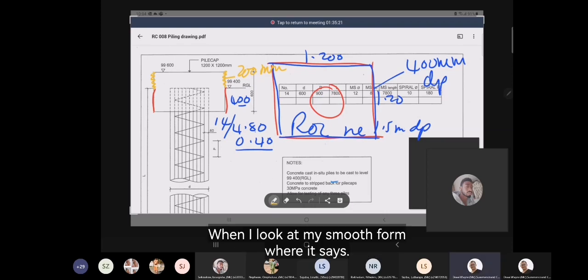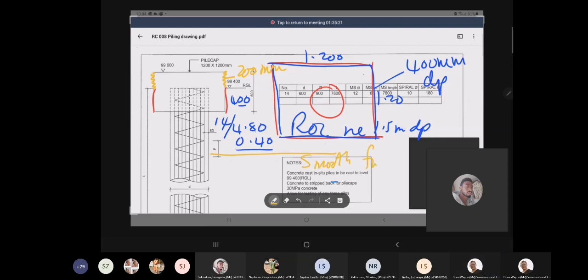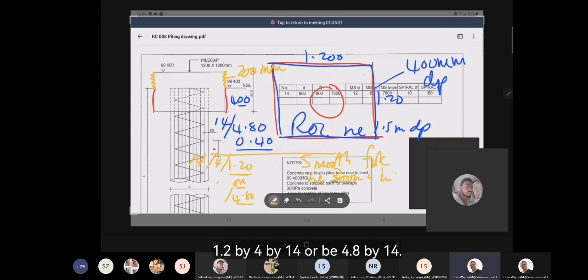When I look at my smooth formwork, that will therefore be 1.2 by 4 by 14, or 4.8 by 14. Now I have a slight question here.